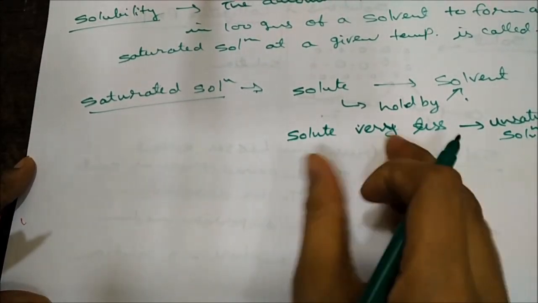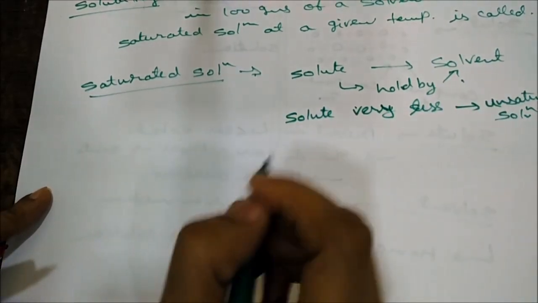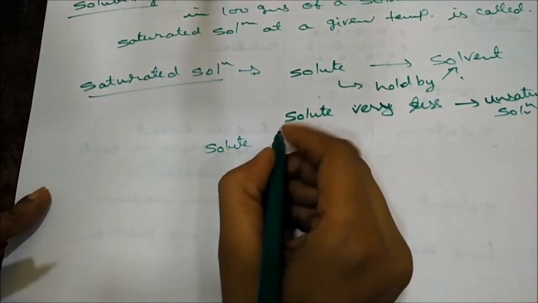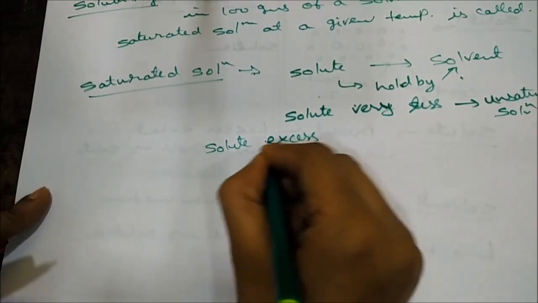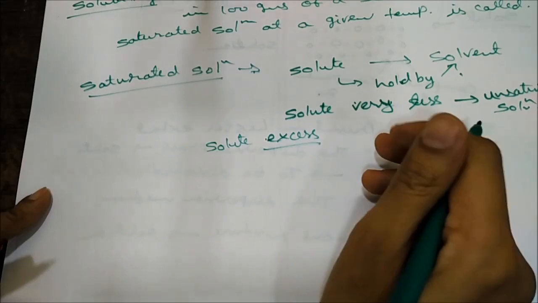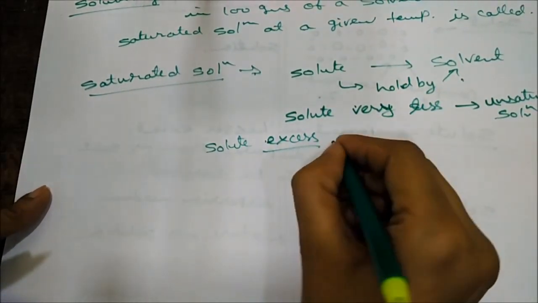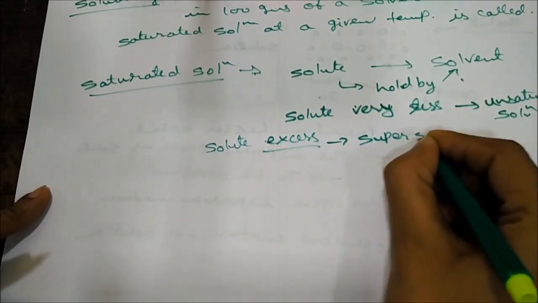Means this solution will require some more solute to get saturated, and if the solute is present in excess as compared to the capacity of solvent to hold it, then it will be called a supersaturated solution.